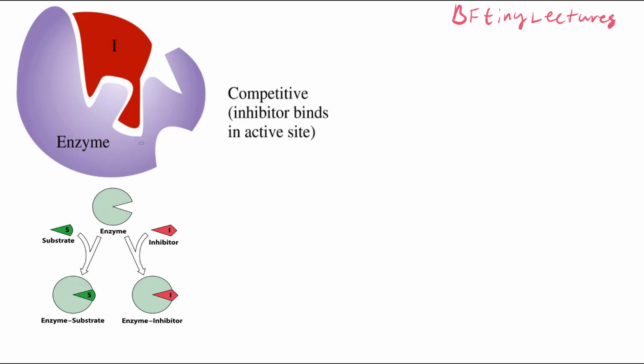Right, so competitive inhibitors. First of all, notice that the inhibitor I is very, very similar to the active site. Okay, so in general, inhibitors tend to look like the active site. They tend to kind of fit, right?